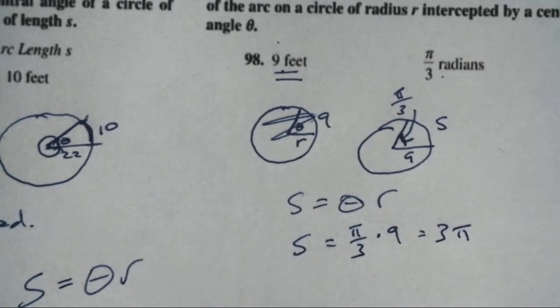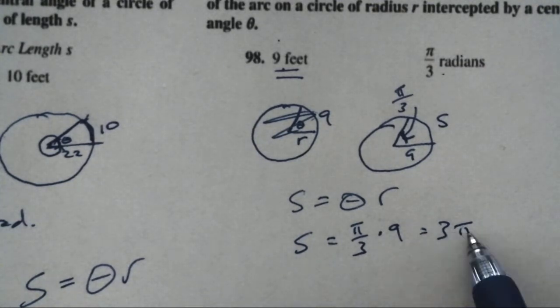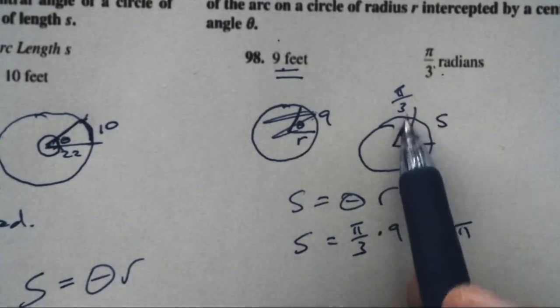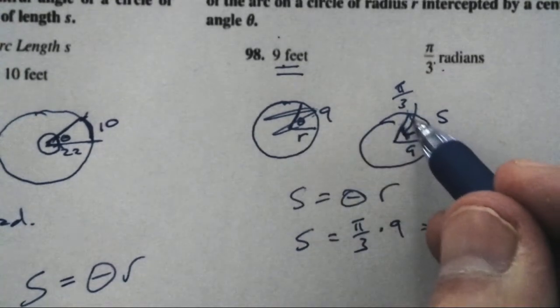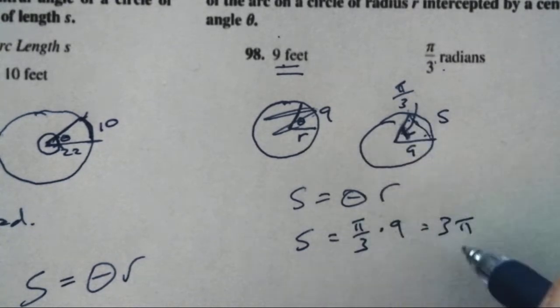Seems somewhat reasonable, because 3 pi would be 3 times approximately 3.14, a little bit more than 9. And at a 60-degree angle, yeah, that seems reasonable. Because at a 60-degree angle, this value right here would be 9, because we'd be in a 60, 60, 60 equilateral. So I feel pretty good about that.